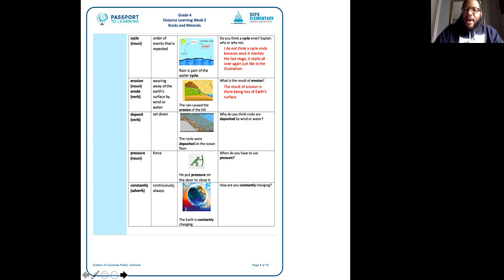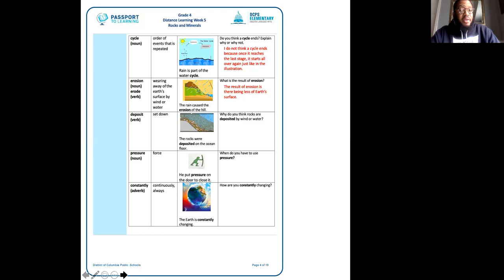So why do you think rocks are deposited by wind or water? Let's think really carefully about that question. We know that deposit means to set down something or drop it off, right? Let's think about those two things, wind and water. Why would they be responsible for depositing rocks?